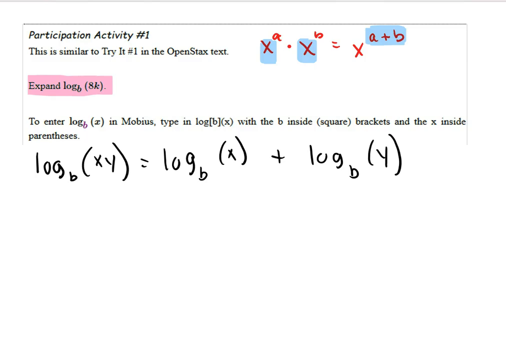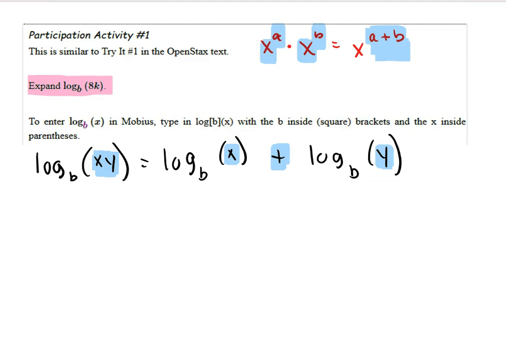Well, over here, I've got log base b of a multiplication problem. And remember, a logarithm really is an exponent. So when you're multiplying x times y, if you split it into separate x and y's, then you have to add them together, because each logarithm really represents one of these exponents, and those exponents get added.